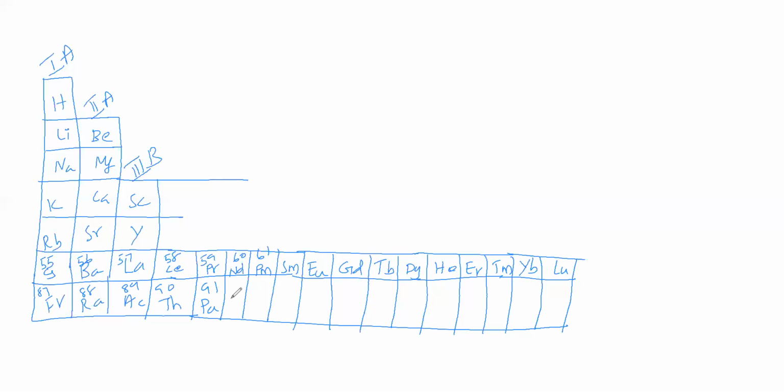Next 92 uranium, neptunium Np, plutonium Pu, americium Am, curium Cm, berkelium Bk, californium Cf, einsteinium Es, fermium Fm, mendelevium Md, nobelium No, lawrencium Lr. Lawrencium atomic number is 103.